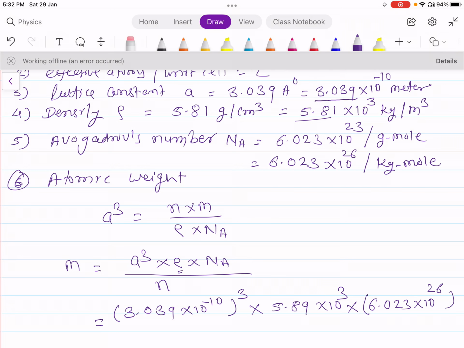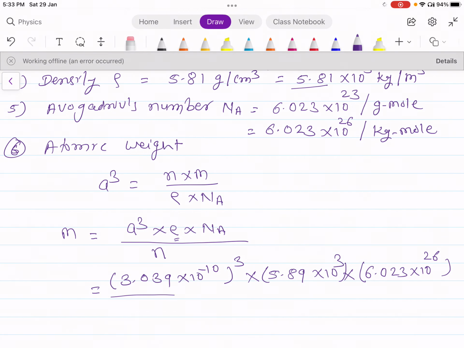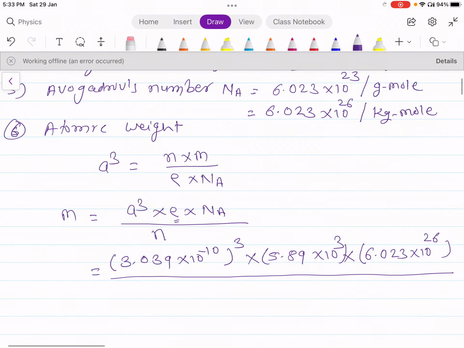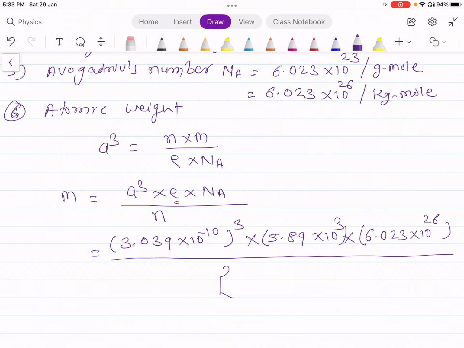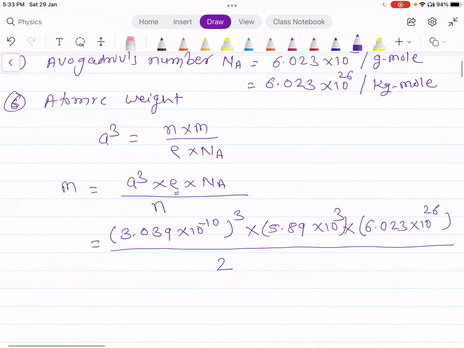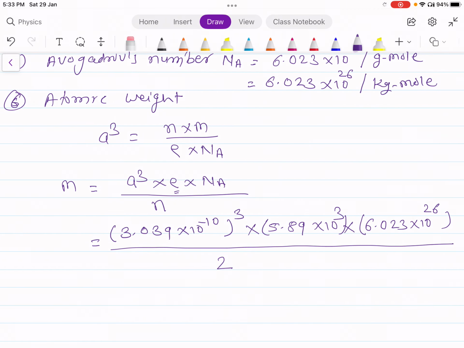All these quantities are given here, and that is divided by the effective number of atoms. For BCC, effective number of atoms is 2. When you simplify this, you get M equals 49.12 AMU, in atomic mass unit.